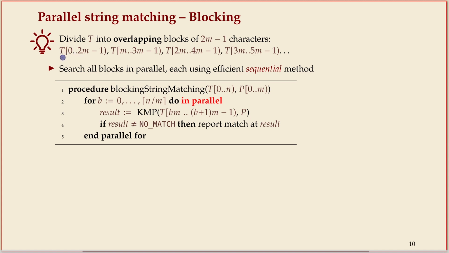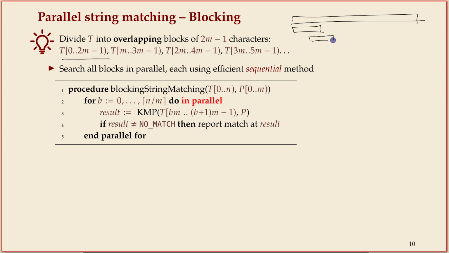Each of those has 2m characters, not just m, but we start every m-th character. So we double cover the entire string. That looks like this. We take the first 2m, and then these 2m and these 2m. It looks like a brick wall all the way through. Now we can discuss why we do that in a second.